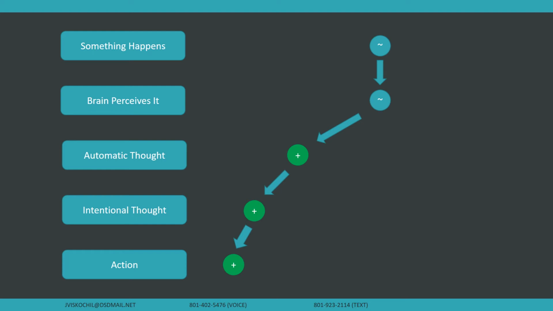So, for example, an automatic thought might be, I'm trying to think of an example on the fly, which I should have done when I was preparing this. Maybe you watched the life hacks for cleaning my room.